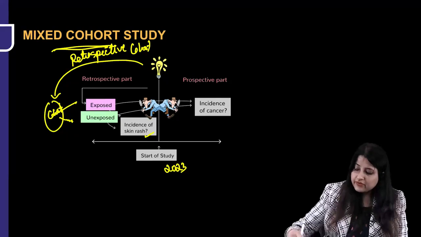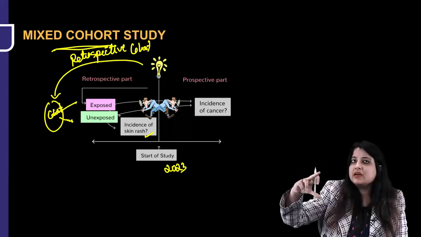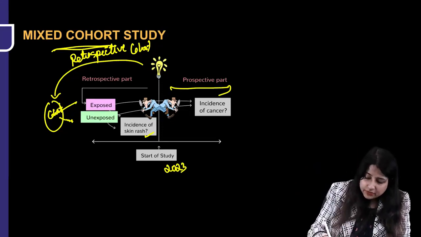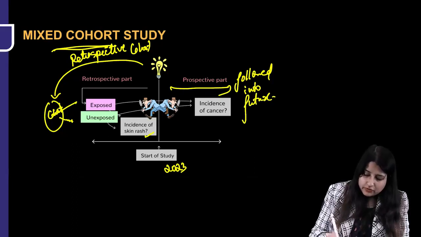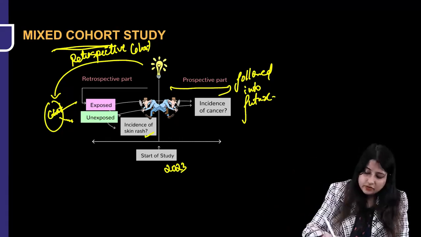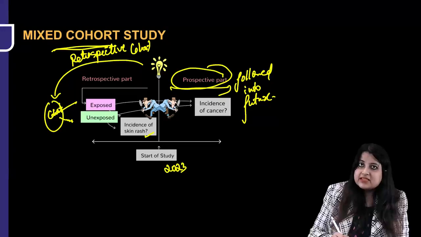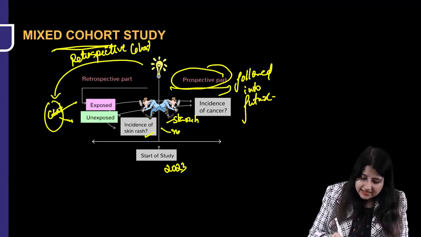Then those who suffer from skin rash and those who do not suffer, they again become two groups, and then we follow them into the future, to see how many go on to develop cancer and how many don't. So this is prospective. At the present time when the study started, we divided it into two groups again, people who developed skin rash and people who had no skin rash.